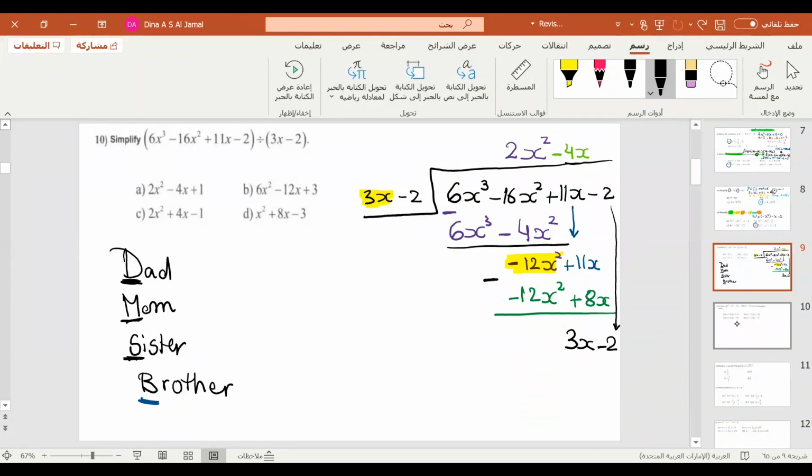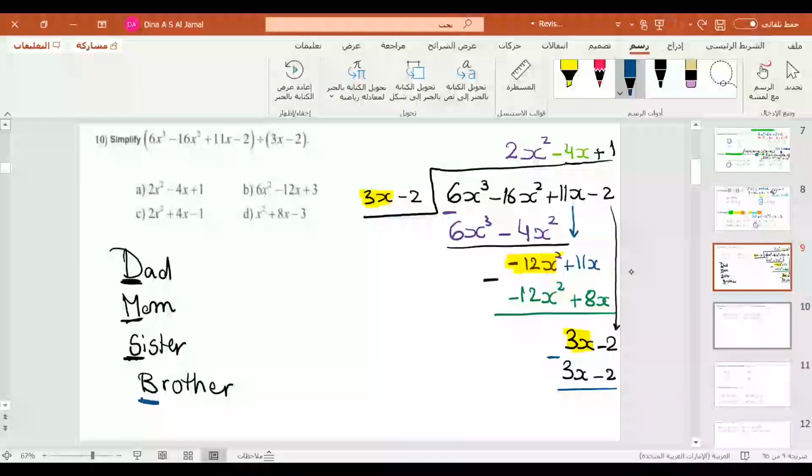And now you are having the same term. 3x divided by 3x, it will be 1. So plus 1. And when you use the mom, multiply, it will be the same, 3x minus 2. Lastly, use the sister, subtract, and you will be bringing the 0 down. That means you have no remainder.